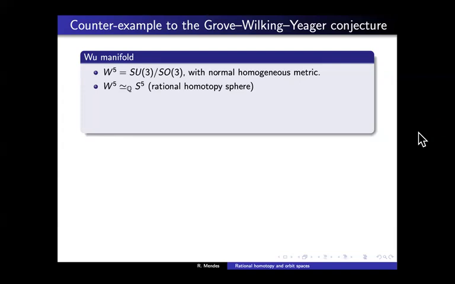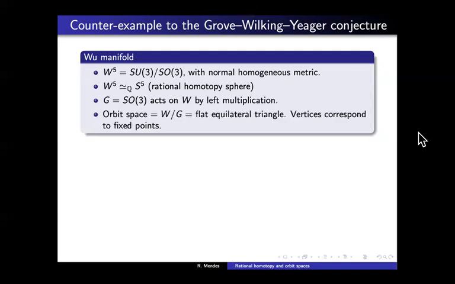It's not a sphere, not diffeomorphic to a sphere, but it has the rational homotopy type of a sphere. And you still have a homogeneity 2 action on it. So SO3 acts on this also by left multiplication. And if you look at the orbit space of that action of SO3 on the Wu manifold, it is flat. It's a flat equilateral triangle. And the vertices of that triangle correspond to fixed points under this action. So that's the starting point.